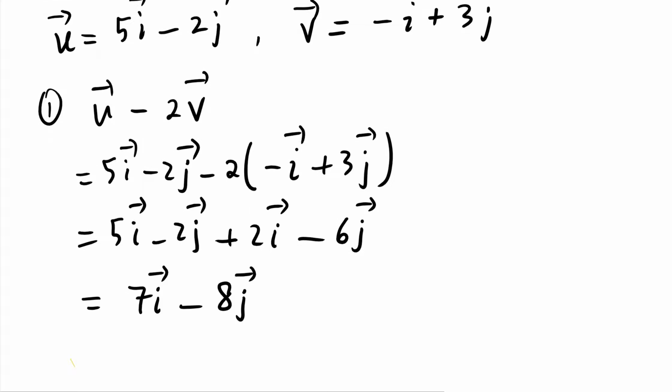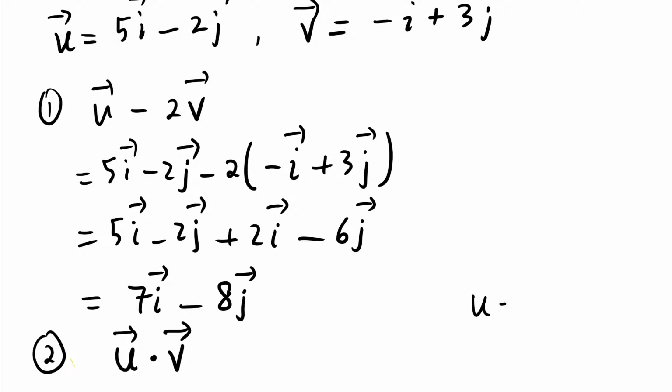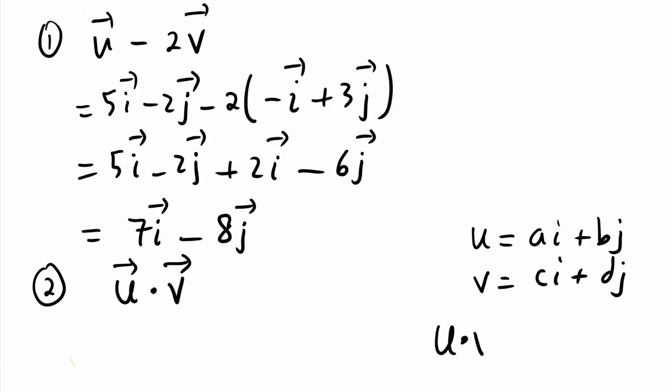So that's how this is. What if you're asked to find u dot v? This is called the dot product of vectors. To recall what u dot v is: u equals, let's say, ai plus bj, and v is ci plus dj. When you do u dot v, it's ac plus bd.